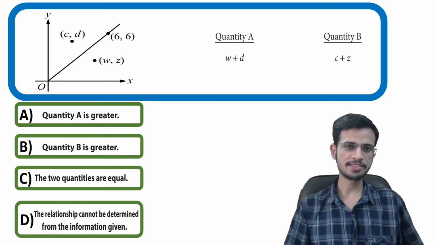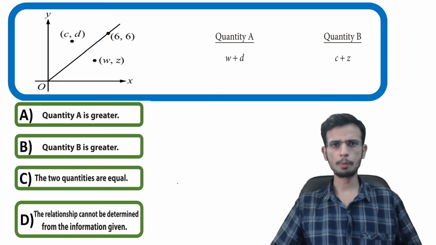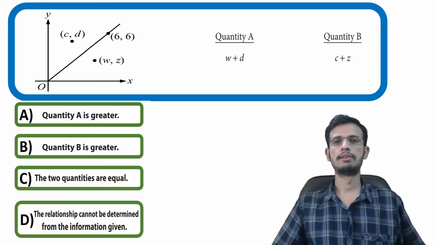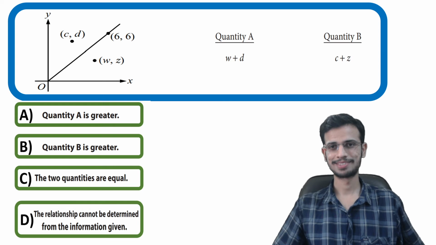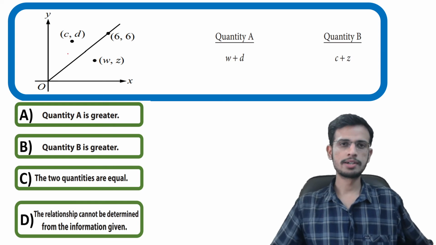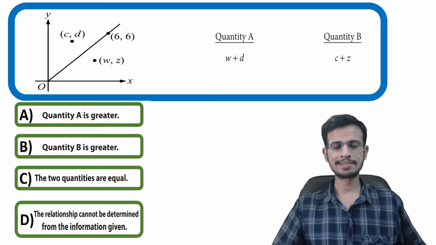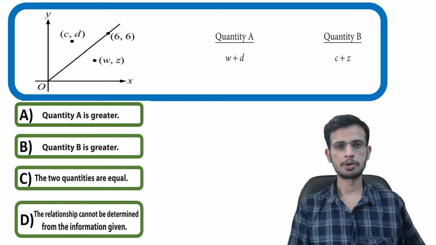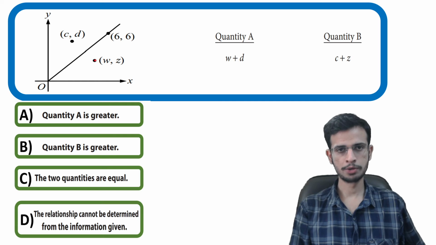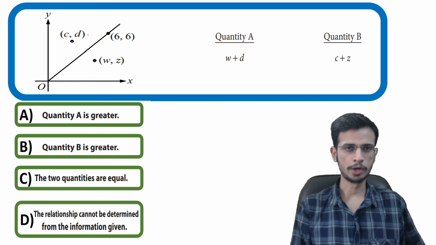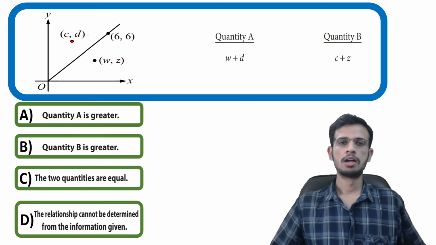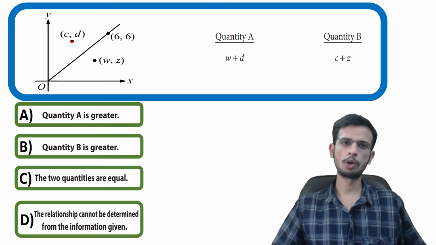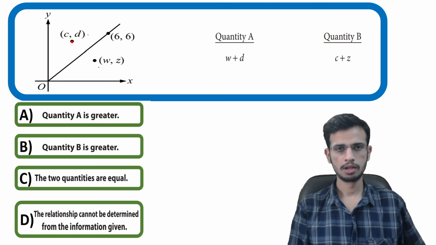This question is very interesting. Let's see how many of you are able to get the correct answer. One diagram is given to you. It's an xy plane, and these are two points, point 1 and point 2. W comma Z are the coordinates of the first point, C comma D are the coordinates of the second point.